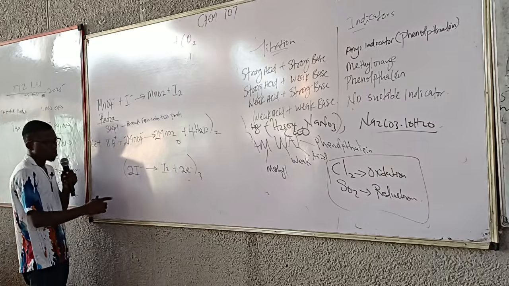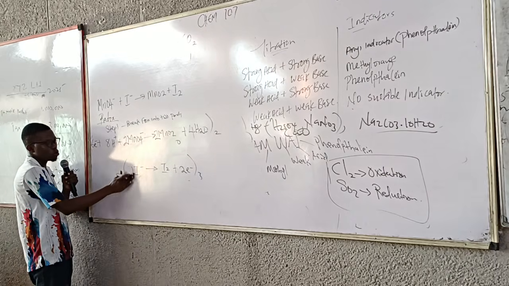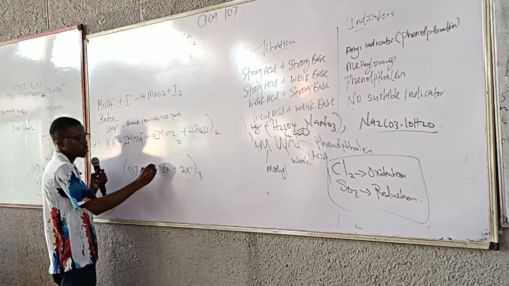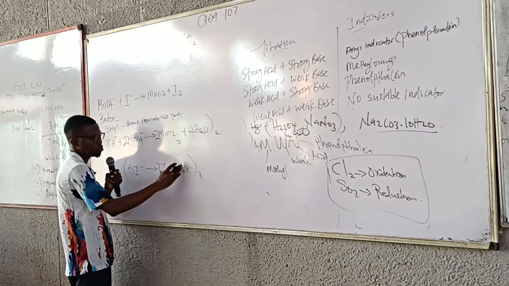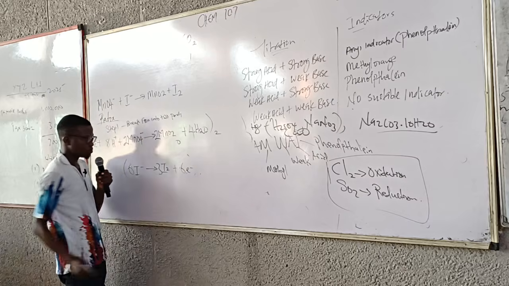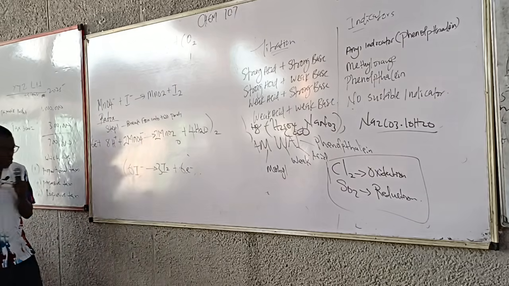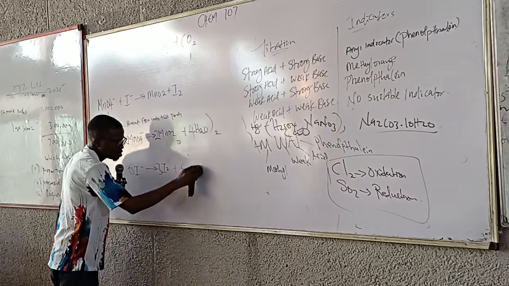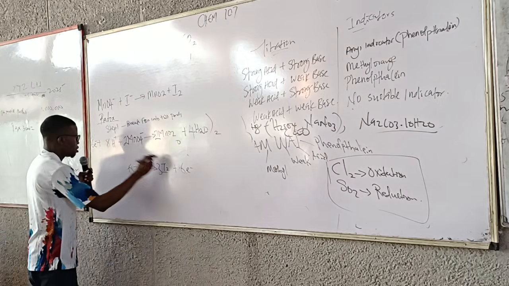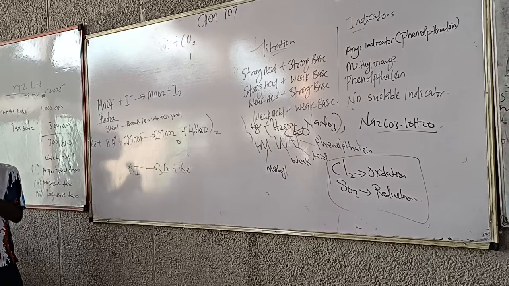Then let's come to this side. 2 times 3 will give me what? 6, abi? 1 times 3 will give me 3. 2 times 3 will give me what? 6. So now they have the same electrons, 6e, 6e.